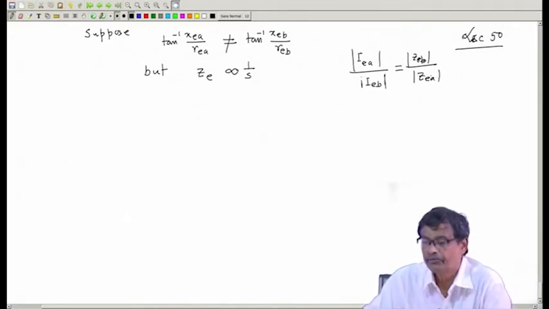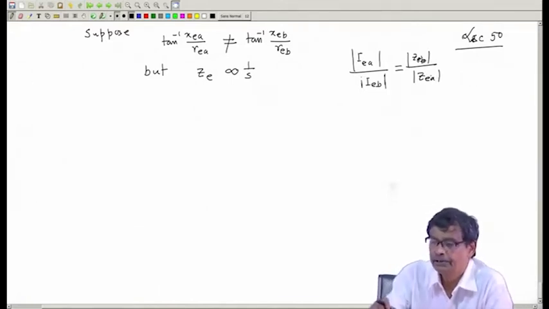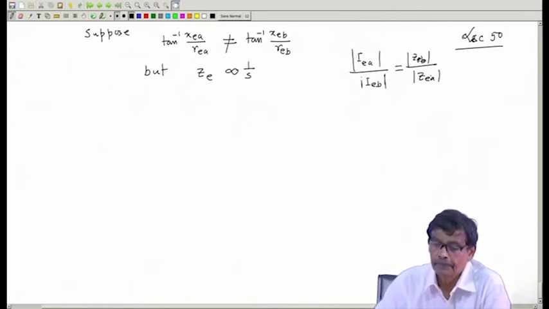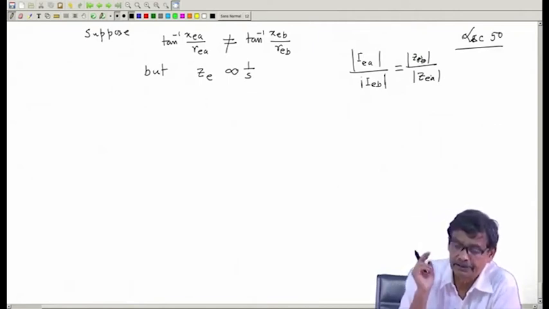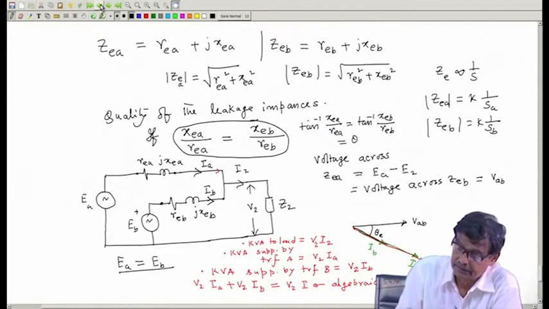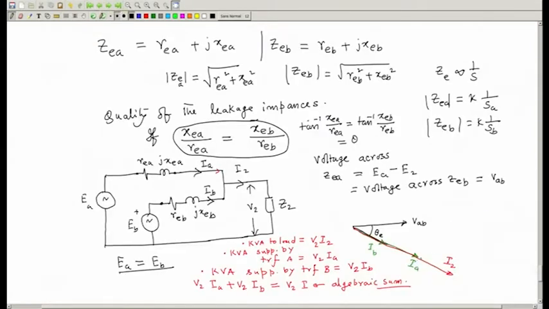So, the magnitudes of IEA and IEB will be in the inverse ratios. But what is the implication of this then? We have seen already that the voltage across these impedances is the same, and we denoted that voltage by VAB.